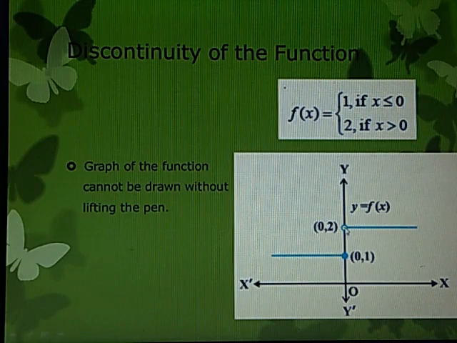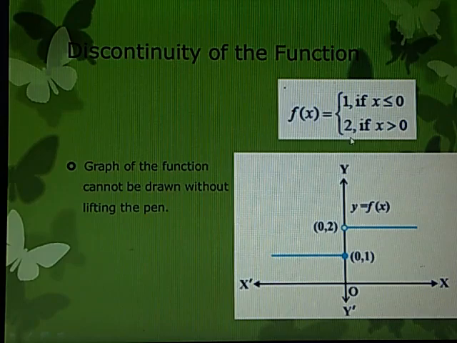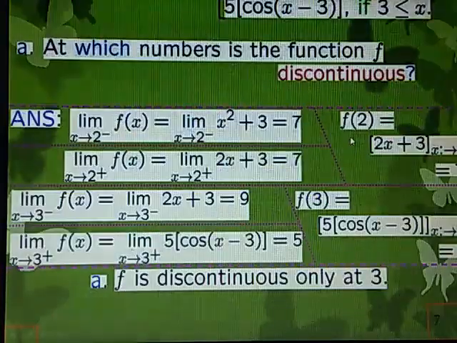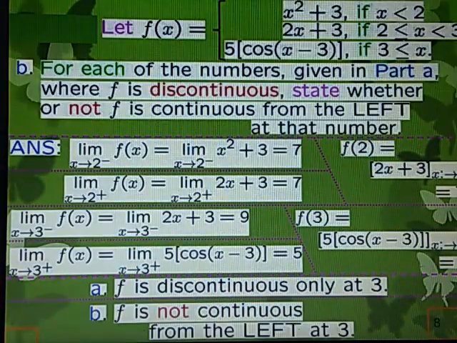But on the right of 0, it is different. So the discontinuity has come into existence on the right of 0. So it is discontinuous on the right of 0, because at 0 and at greater than 0, the value is not the same. So this helps us in answering this second part.